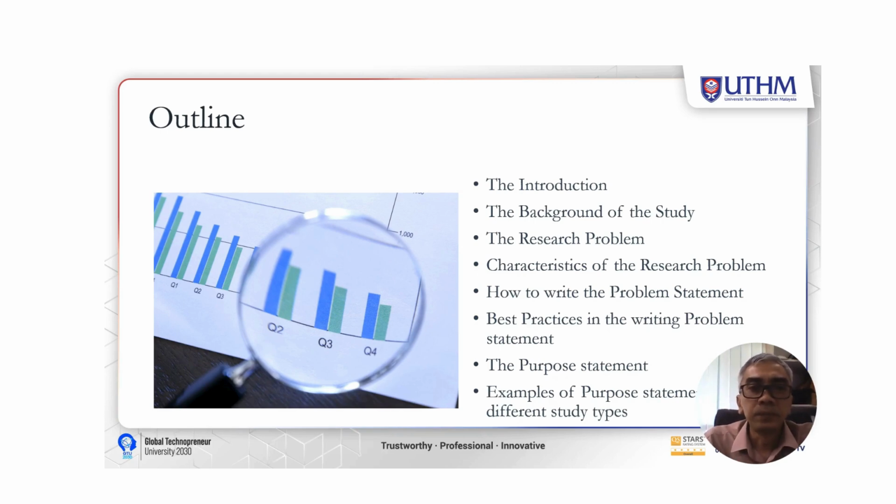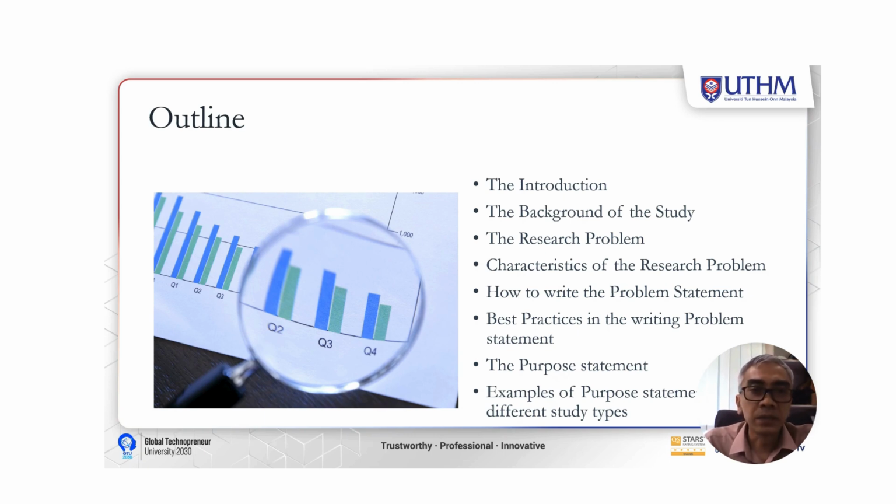Before we go deeper, let me walk you through how this session is structured. We will start with the introduction, how to set the stage of your study. Then we move on into the background, where you demonstrate your understanding of the field. After that, we will focus on the research problem. This is the core.